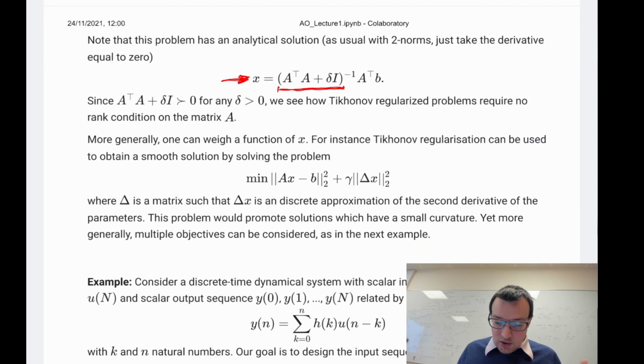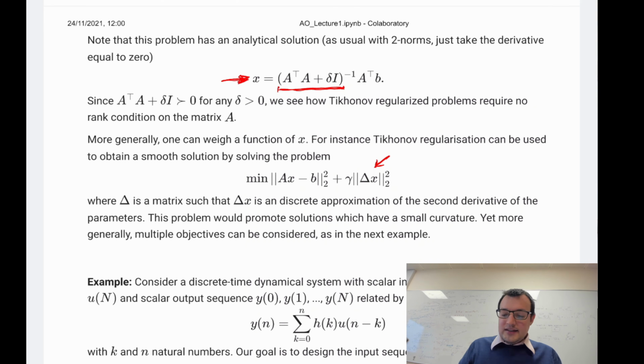More generally, Tikhonov regularization can be used for other formulations. For instance, it can be used to obtain a smooth solution. So instead of asking for small x, we can ask for minimizing this objective delta x, which indicates an approximation of the second derivative, for instance. Okay, this is just a symbol here.